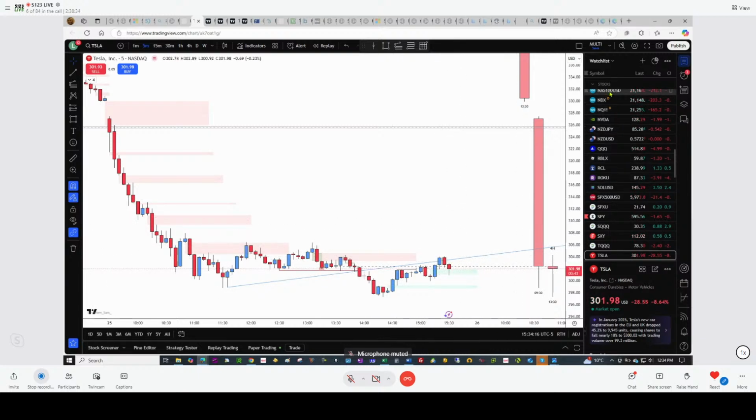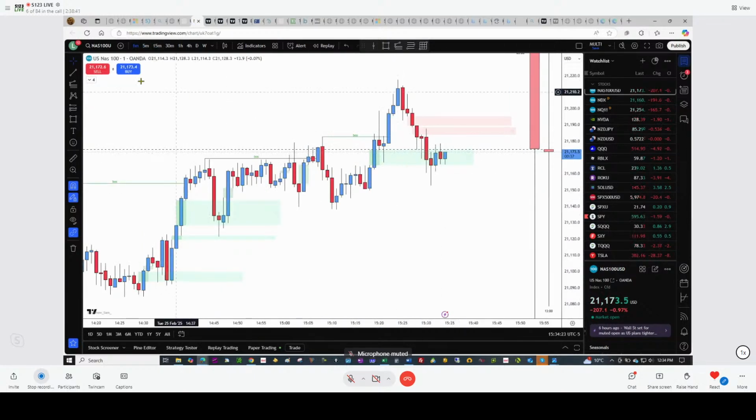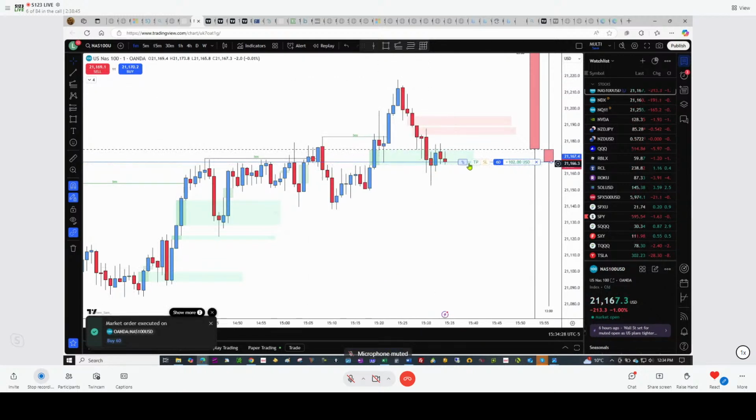So on the NAS, similar type of move back down and a continuation. We're packed up in there, so I'm going to buy it right there because we're all packed up in that nice area. Looking for them to exit out of here. See if I can make my losses back on NAS.